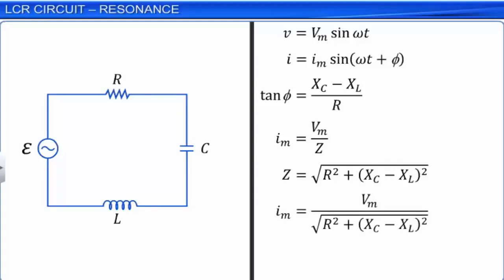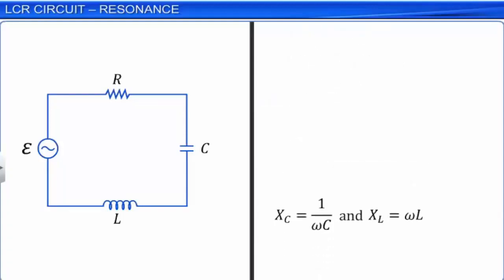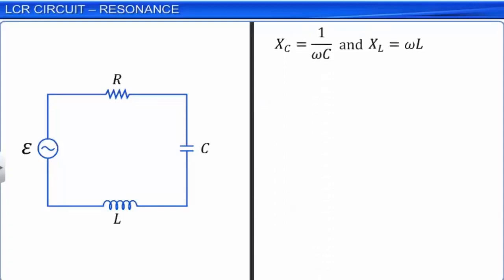We also know that Xc is equal to 1 by omega C and XL is equal to omega L. For resonance in an LCR series circuit, the amplitude of the current in the circuit should be the maximum. For this, the necessary condition is Xc should be equal to XL.